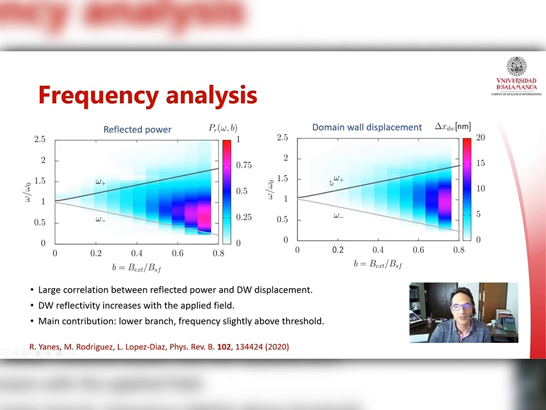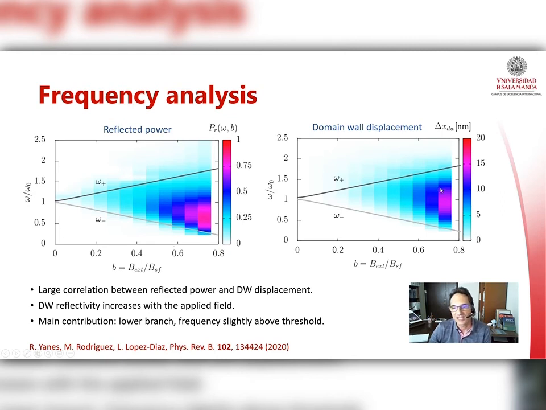And what we do is we monitor not only the domain wall displacement for each value of the frequency and the applied field, but also the reflected power. And we are able to estimate that by comparing the intensity of the spin waves with and without the domain wall in the region after the domain wall.